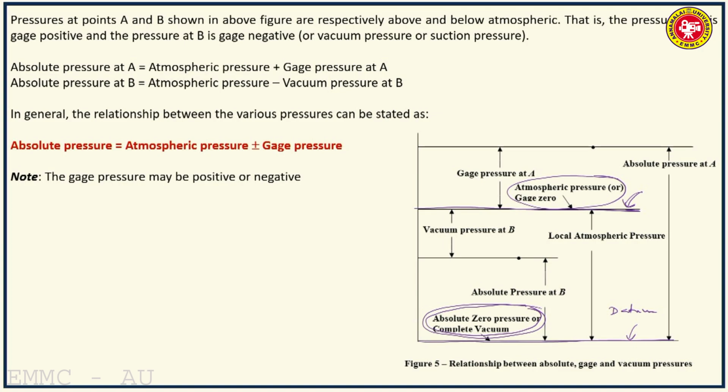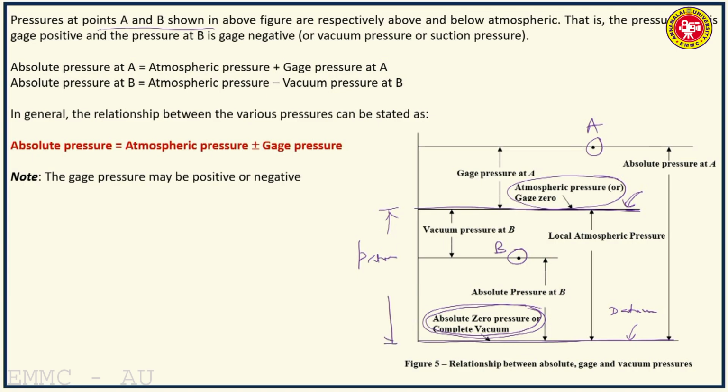So let us consider two points, A and B. A is above atmospheric, B is below atmospheric. This is the local atmospheric pressure.